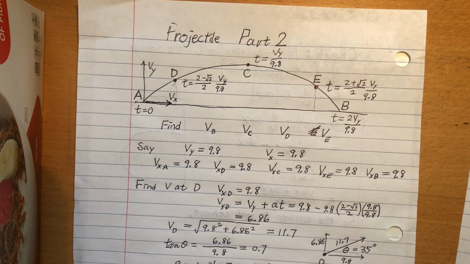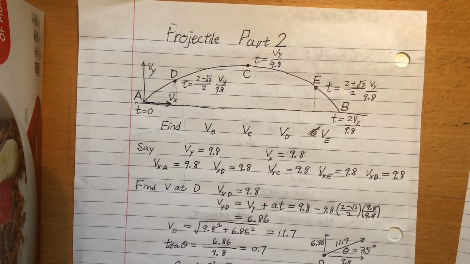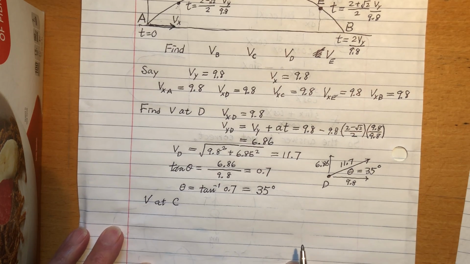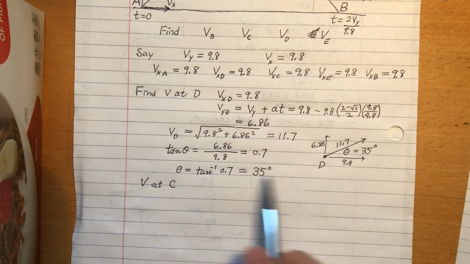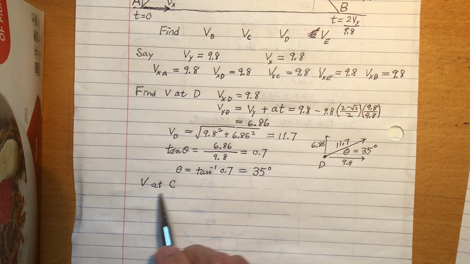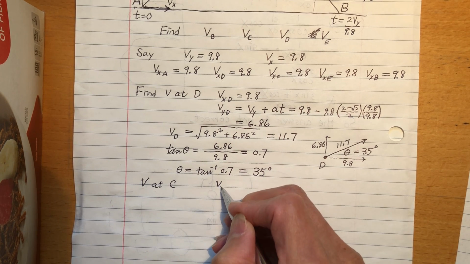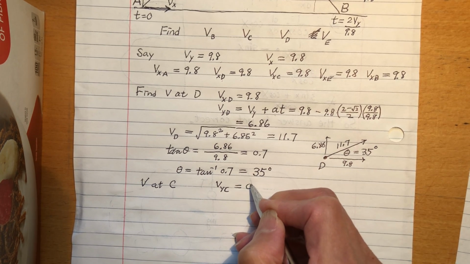Now next I want to find the velocity at point C, V at C. So C is the maximum height point. I'm sorry, do you see that? Velocity at C. At point C, Vy at C is 0 because that's the maximum point.